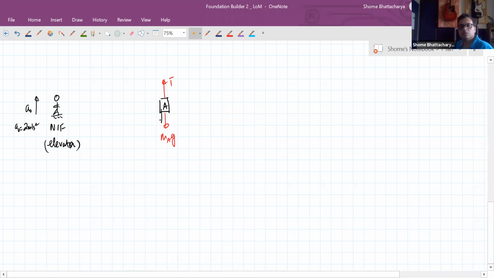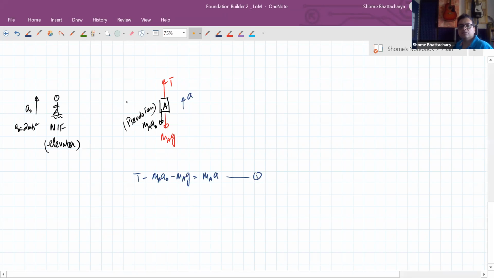It will be opposite to the acceleration of the frame. So this will be the pseudo force. This one, and in this frame now we know that this has an upward acceleration of A. So the equation for this will become T minus pseudo force minus weight should be equal to mass into acceleration. So that is the equation for the body A.